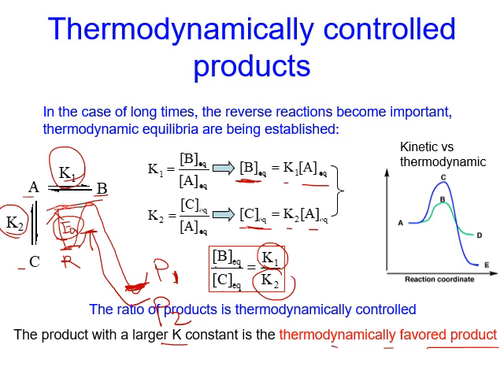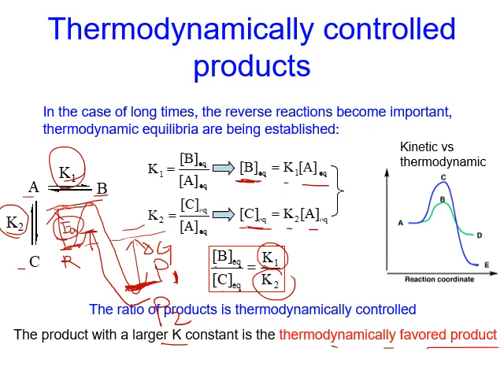Now, which one determines the equilibrium constant, the thermodynamic control? It's the energy of the product. For the first reaction, this energy, delta G, is between the reactant and the product here. The lower the energy, the more stable the product, and the higher the equilibrium constant.